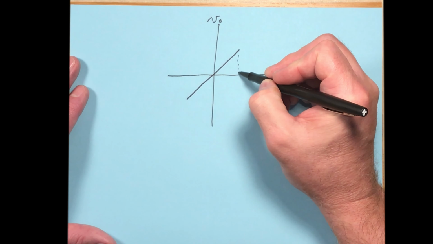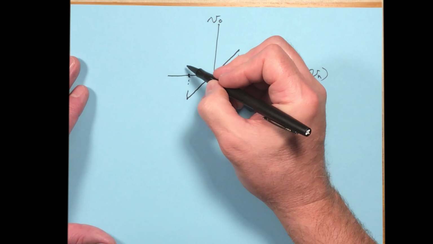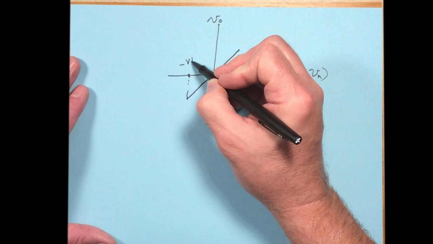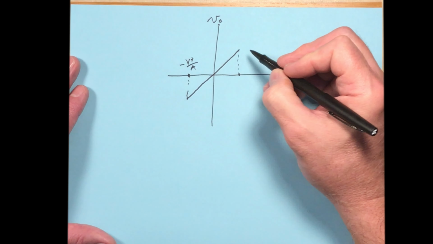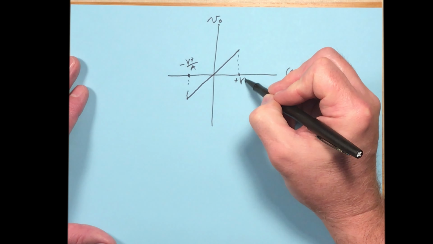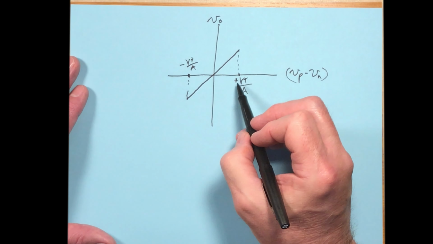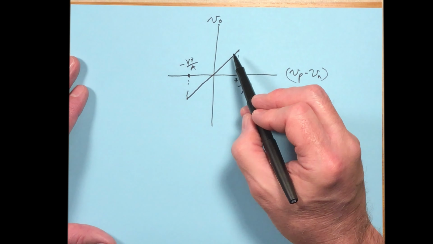So if we were to look at what this range consists of, this is minus V plus, that's the supply voltage, over A, and this would be plus V plus over A. So there's the range between V plus and V minus over which it behaves linearly.